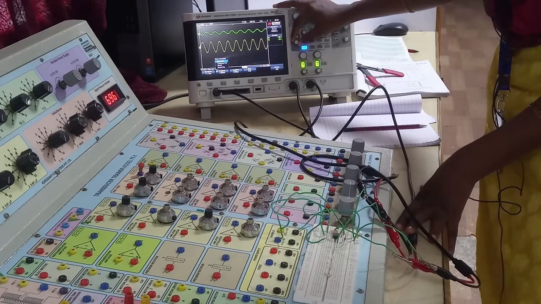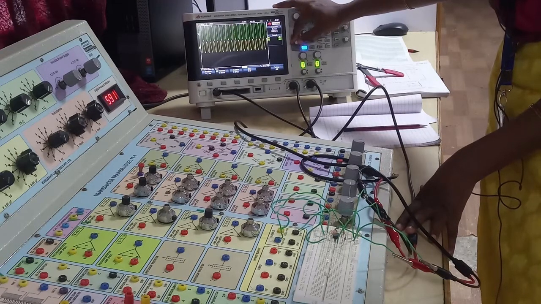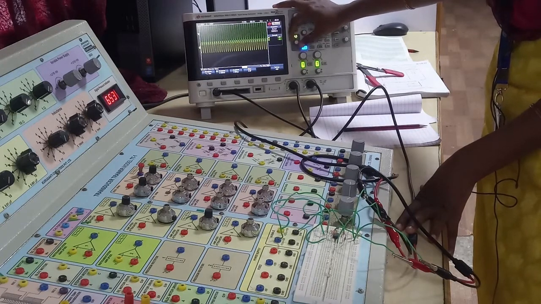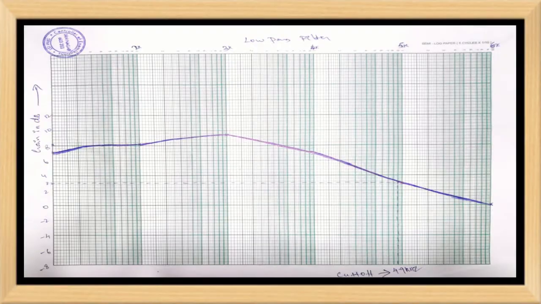Now I am varying the input frequency. It won't send the low frequency signals. When my input frequency increases, the output voltage will keep on increasing.